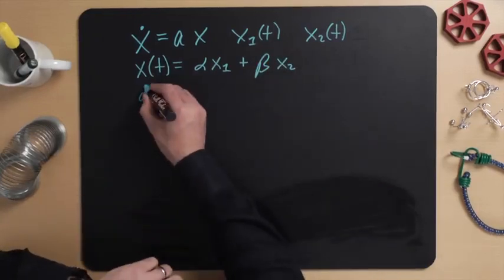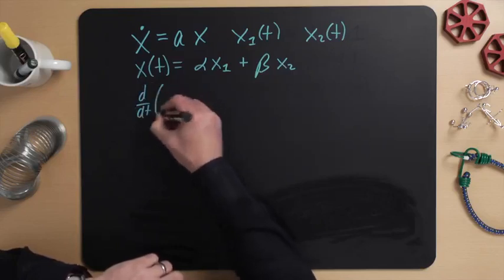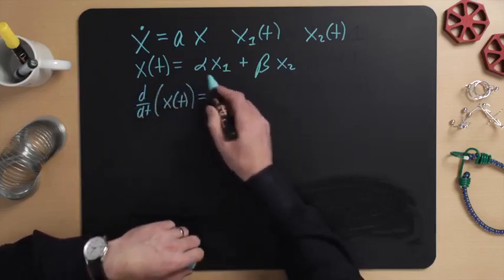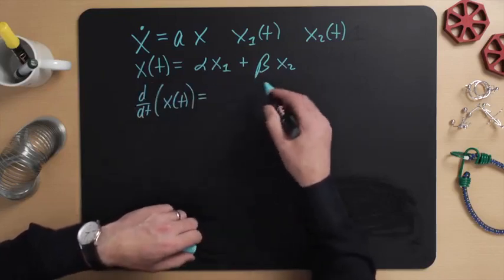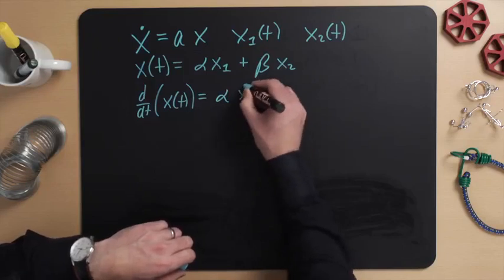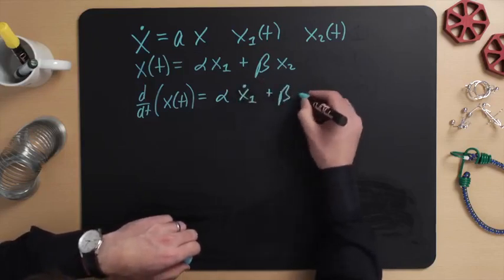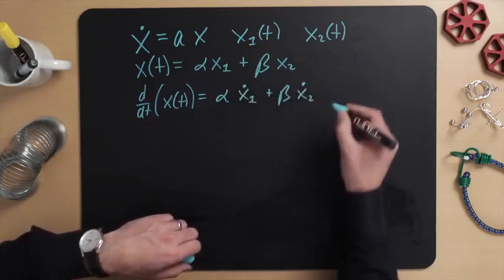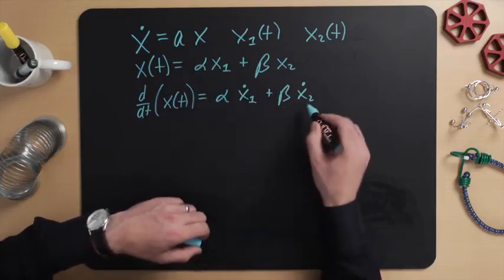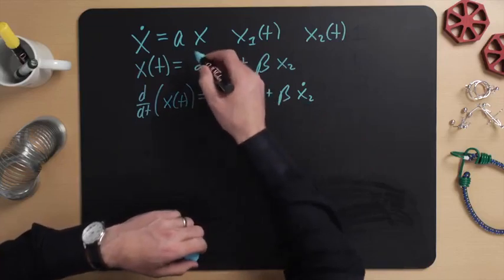So we have to look at d dt of x of t, which we know is d dt of this expression, but we know that alpha and beta are both constant, so that's equal to alpha x1 dot plus beta x2 dot. And we know that x1 dot is equal to a times x1, and we know that x2 dot is equal to a times x2.